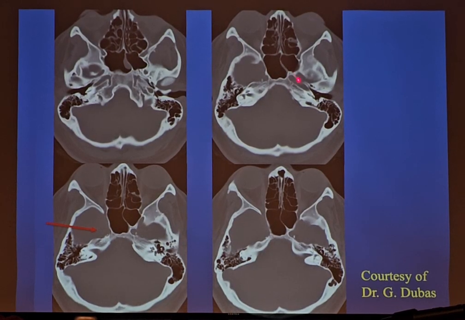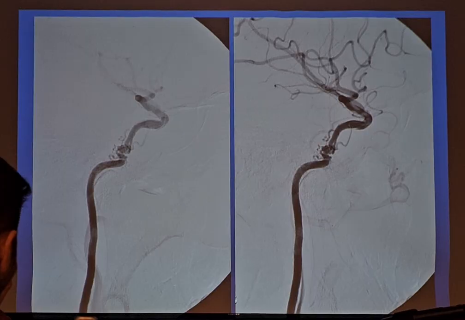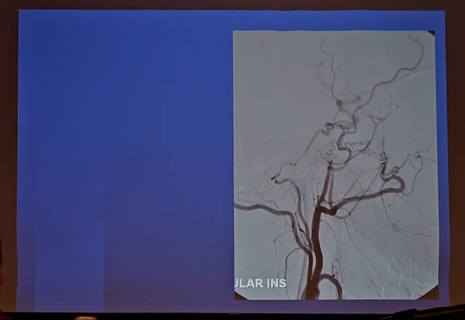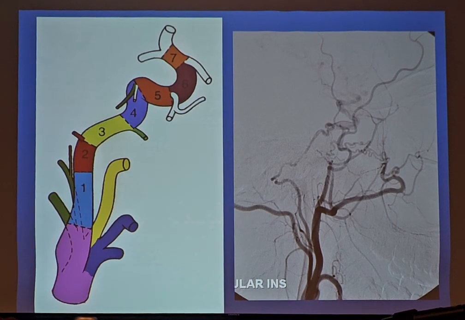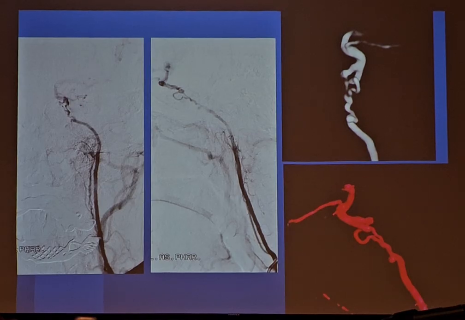The CT scan shows the carotid canal, but an absent carotid canal on the right side. And what you see here is multiple channels, okay, reconstituting the distal internal carotid artery this way. There are some branches coming from the ascending pharyngeal arteries also reconstituting branches. This is again a case I had many years ago.